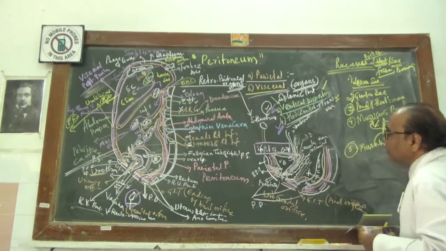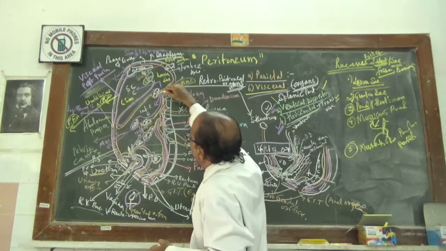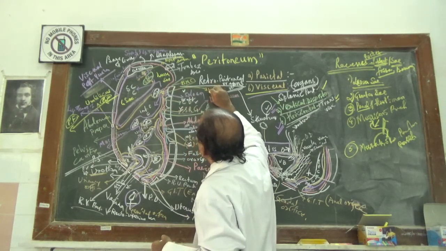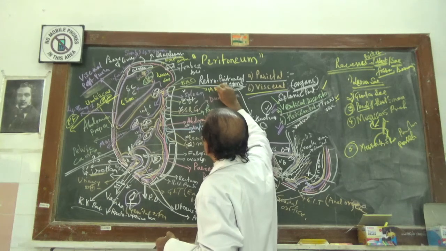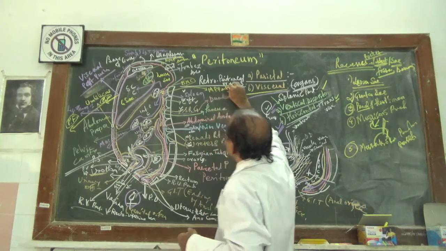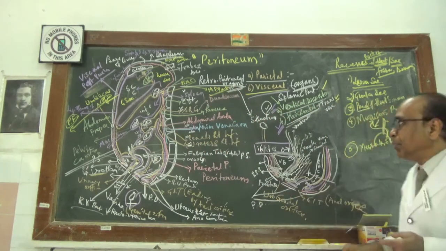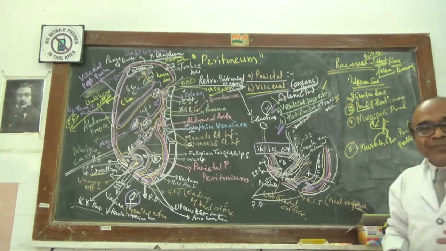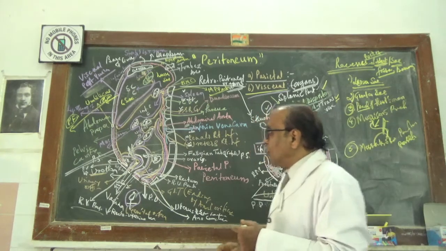So at that angle, this is called the mesenterico-parietal pouch or pocket. The meaning is the same.